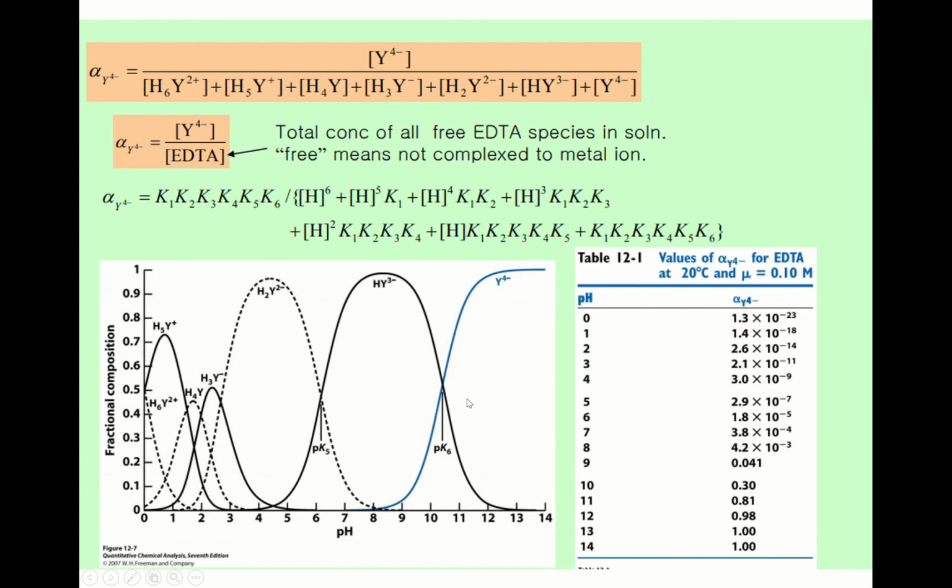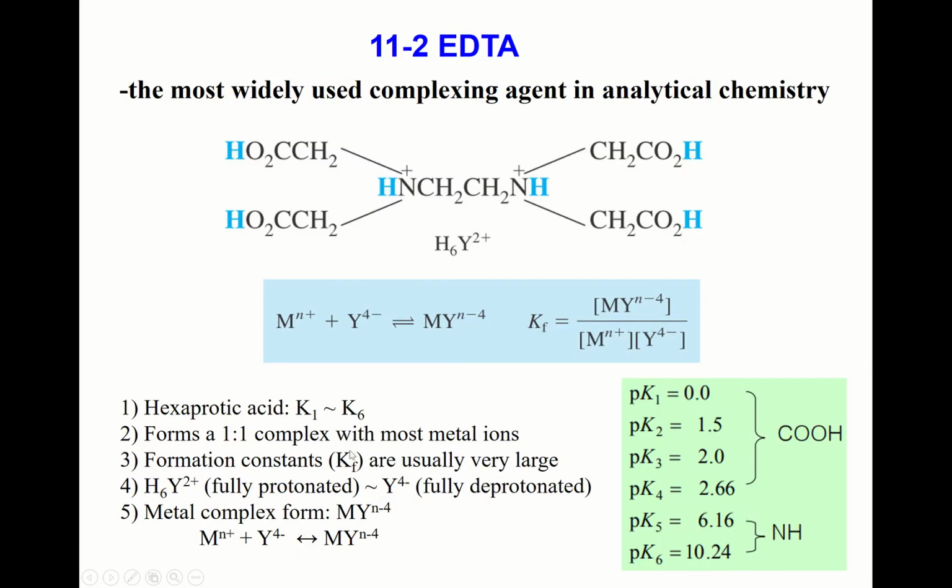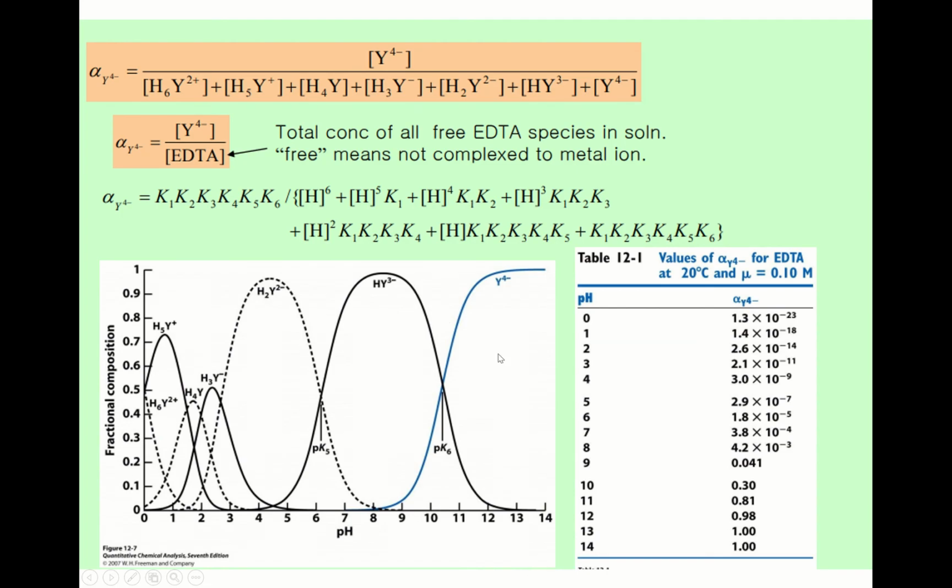Here I have to say something very important. Although you can write the formation constant as this, when you see this equation, you may think that only the Y4 minus form reacts to complex with metal ions, and that the other forms don't complex with metal ions.